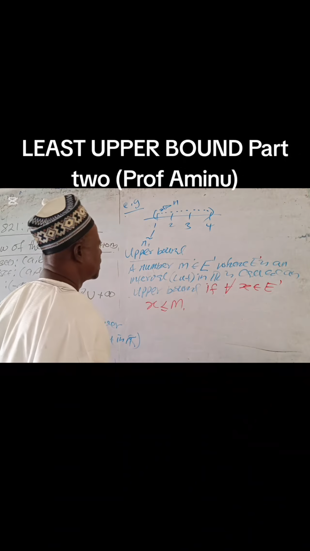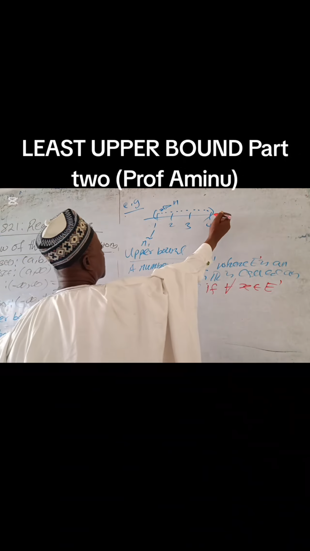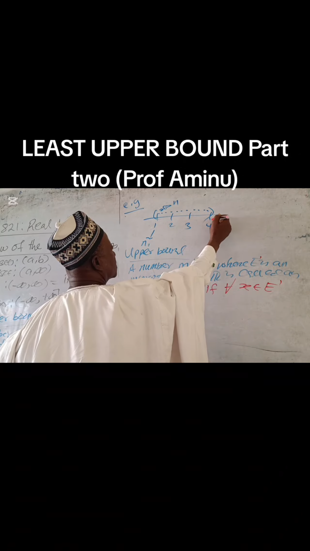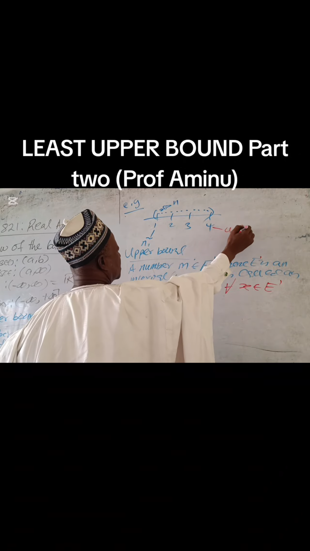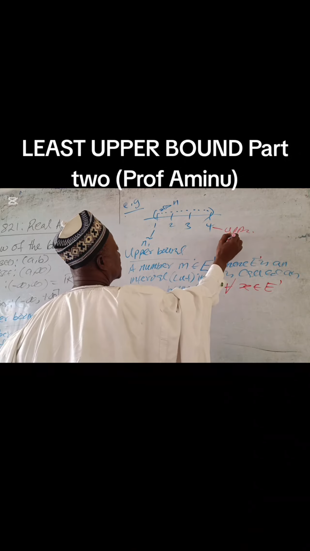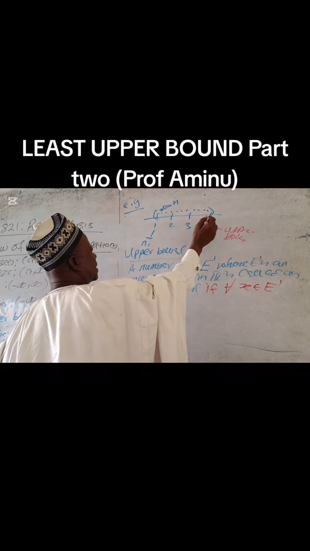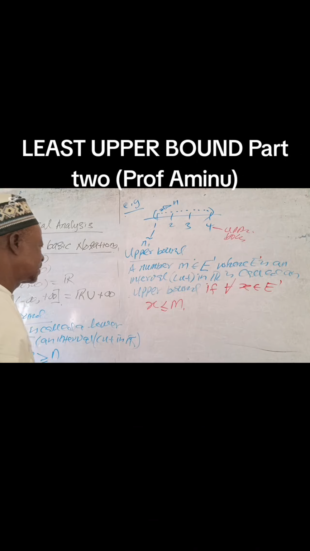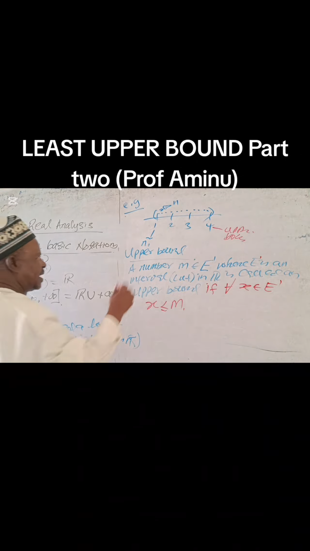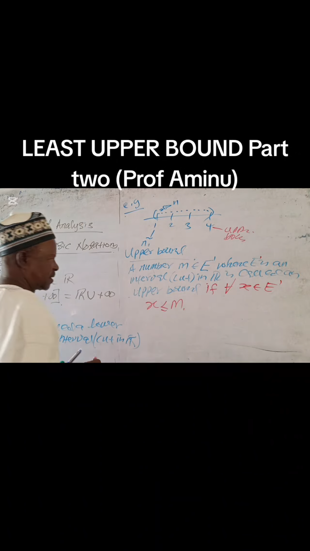So for example, in this example, my 4 can be my upper bound, isn't it? Because any number I pick will be less than 4, or at most 4, because the interval stops.